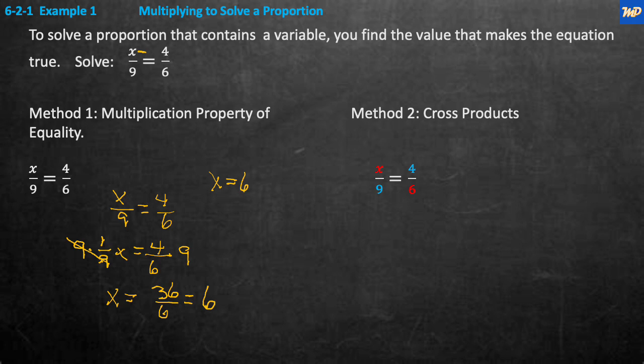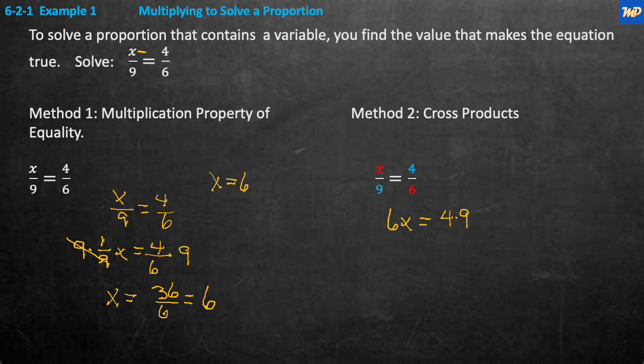Well, let's try the cross product method. Using the cross product method, we're going to say x times 6, or 6x, equals 4 times 9. Now we have to get the x by itself, like we always do.